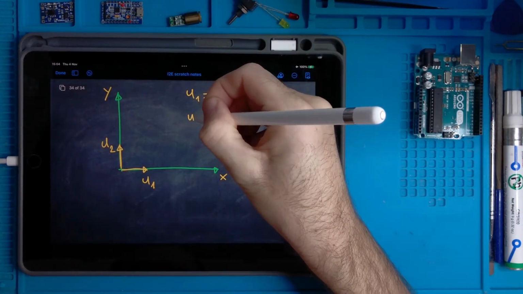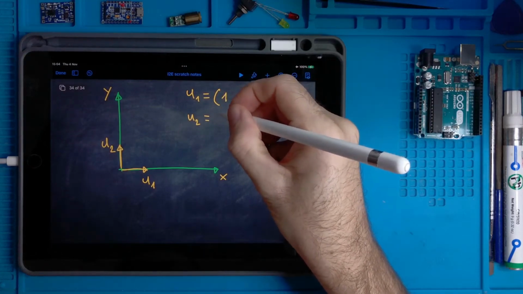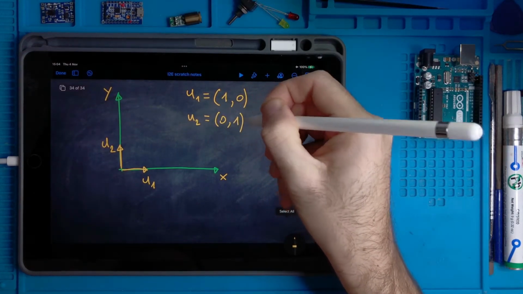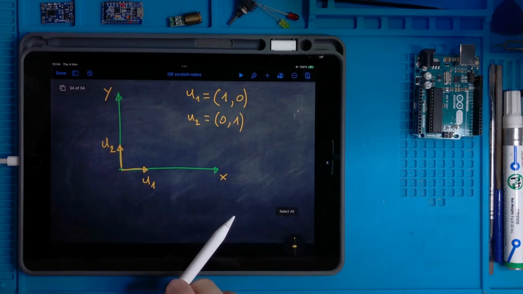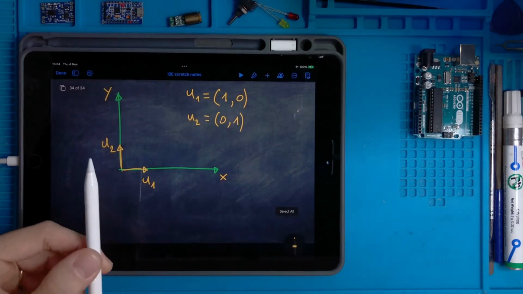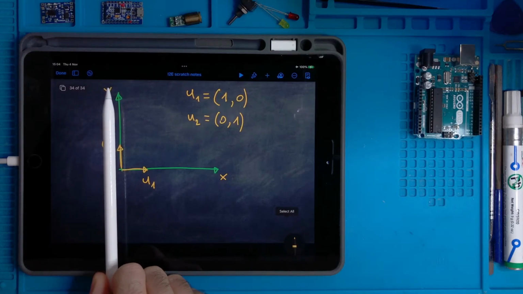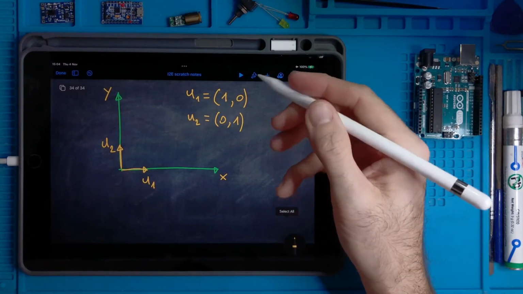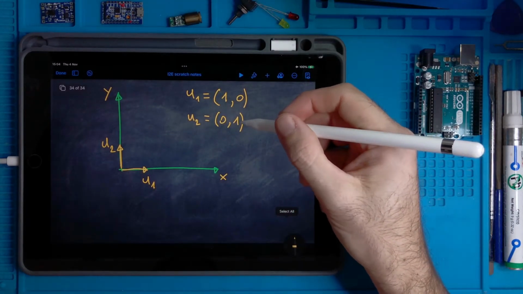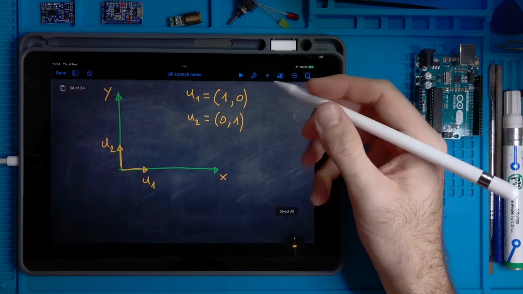The vector u2 is the vice versa, it is vertical, so its x component is 0 and its y component is something different than 0, and we make it equal to 1 in order to have its length equal to 1.